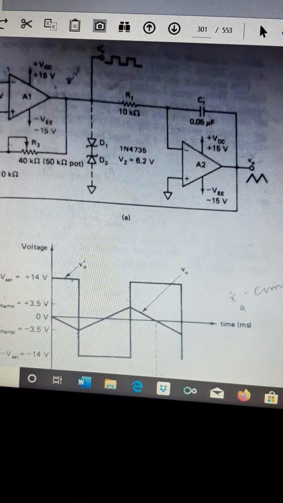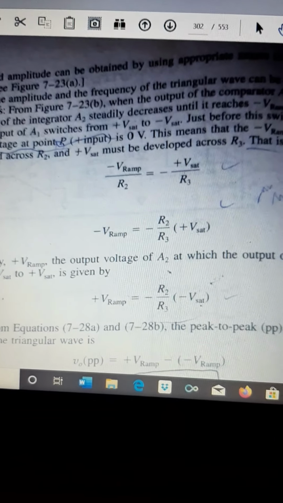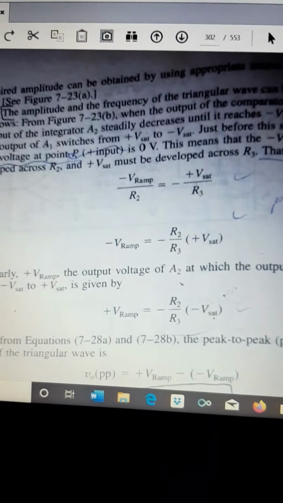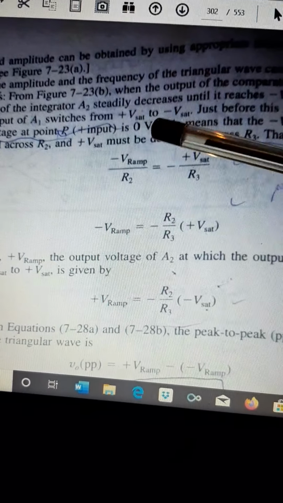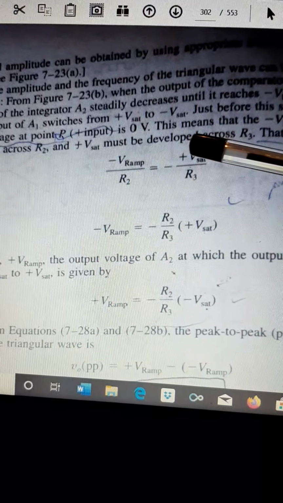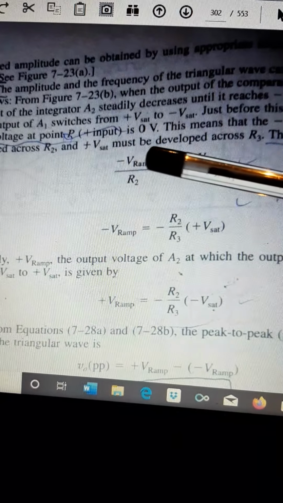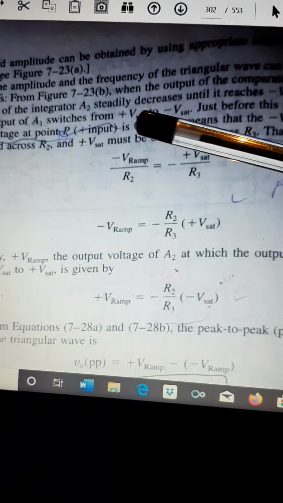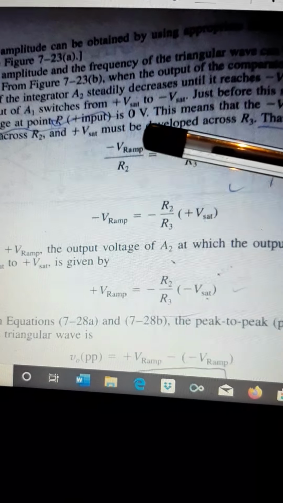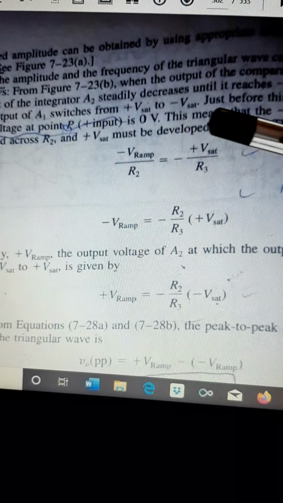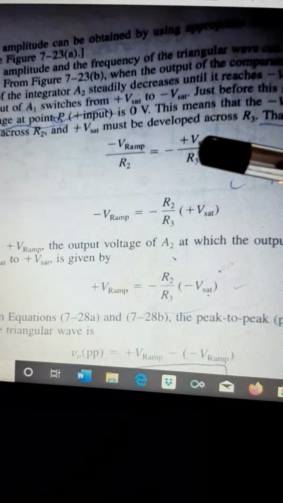Now when you are relating the equations, you know that when the output is minus Vramp, the output of the comparator is plus Vsat. Just before it reaches minus Vramp, the potential at P is 0. So what we can do is, R2 is connected to the output of the integrator and R3 is connected to Vsat.